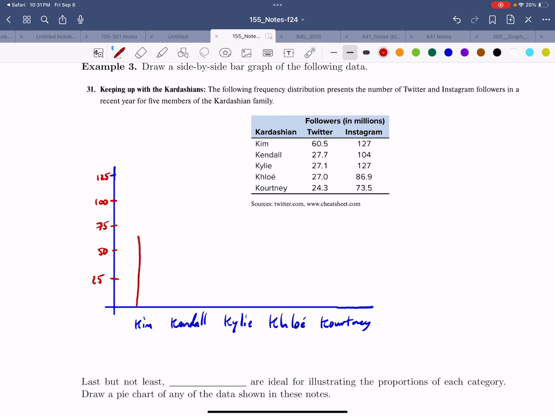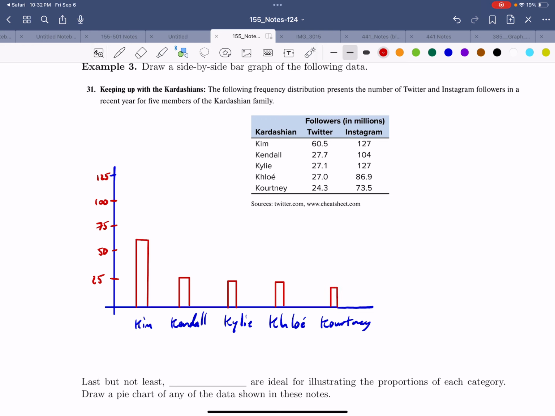That's a lot. Maybe I'll use a straight edge to be clearer about that. All right, so we got that. Kendall's got 27.7. Kylie, same sort of thing. Chloe, same sort of thing. Again, pretend these are all perfectly equally spaced and perfectly equally wide. And then Courtney's got just a hair less.